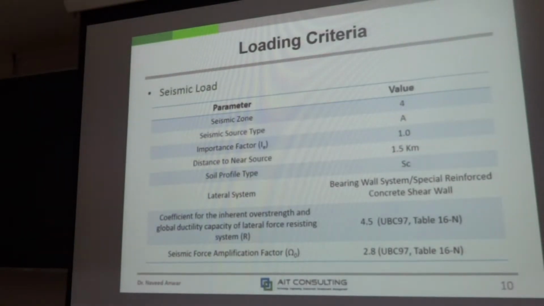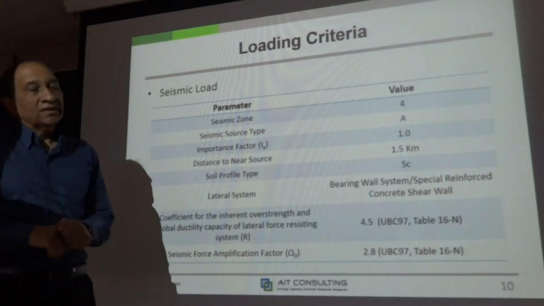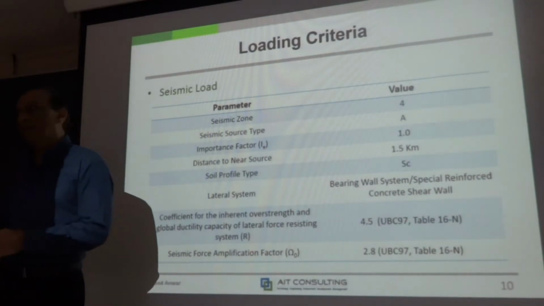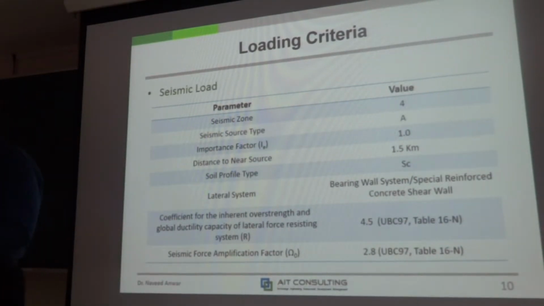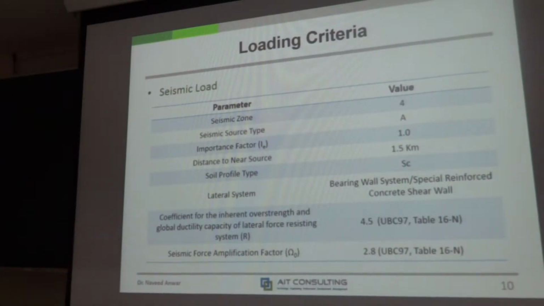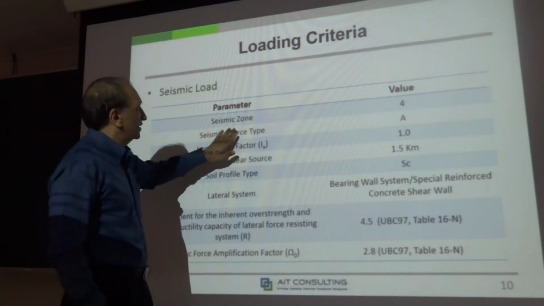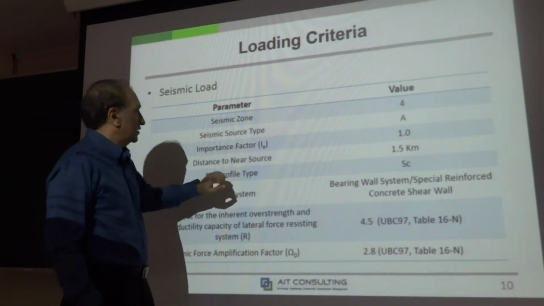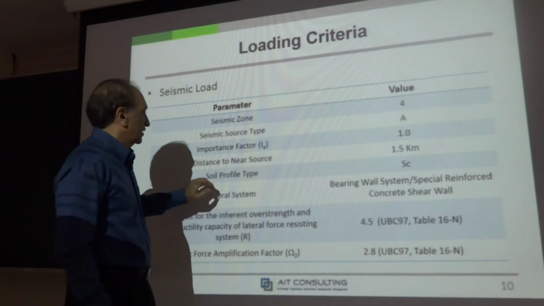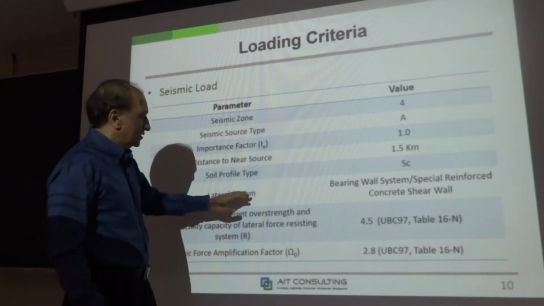Now comes the seismic load. Seismic load is something that we will spend a lot of time on. It is quite complex, quite complicated, depending upon the method that you will use. So things that you need to specify: seismic zone, seismic source type, importance factor, distance from the near source, soil profile type, dead load system.